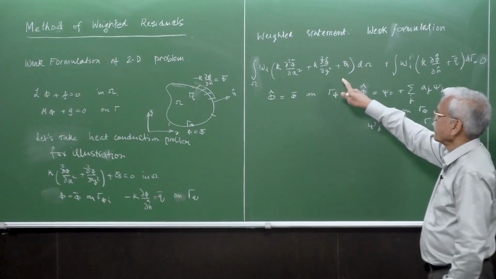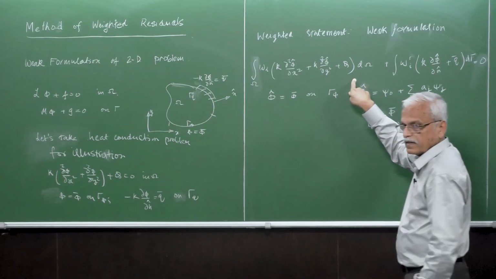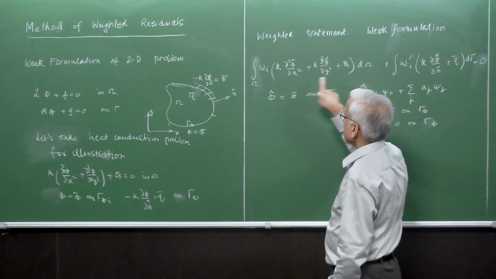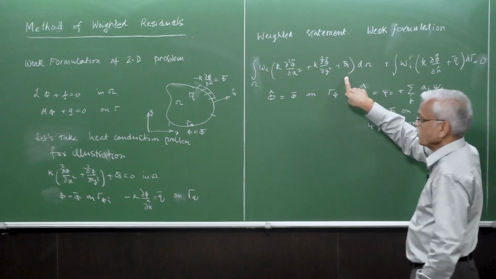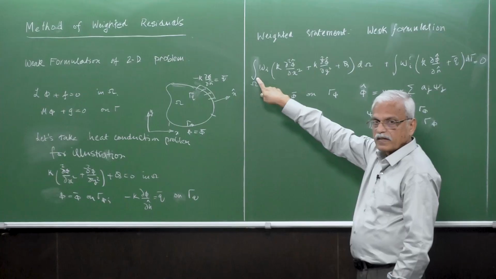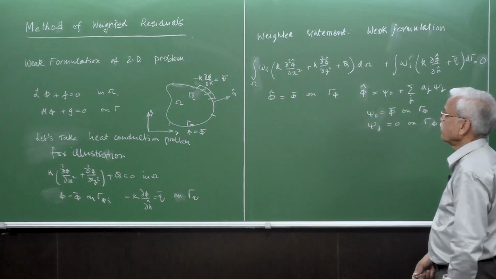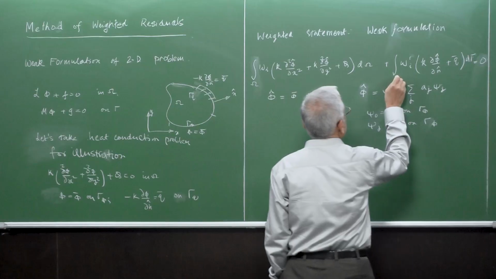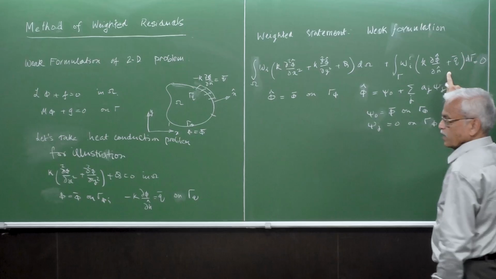What we are doing in the weak formulation is that the first integral here is the residual on the governing equation, that means the non-satisfaction of this governing equation. Whenever there is a residual, we will make it vanish in an overall sense using the weighted residual function Wi. In addition to that, we will also add another term, a boundary term, which involves the derivatives.